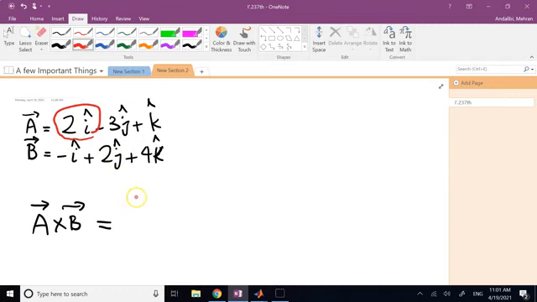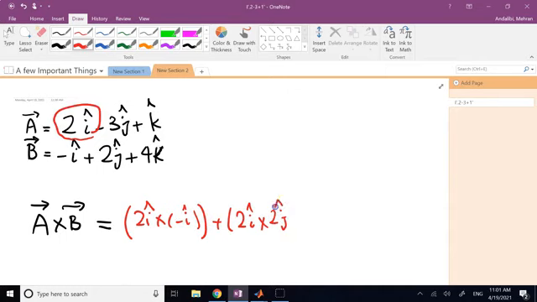If you do that, the result is going to be 2I cross negative I, plus 2I cross 2J, and then plus 2I cross 4K, correct? And then they keep adding.